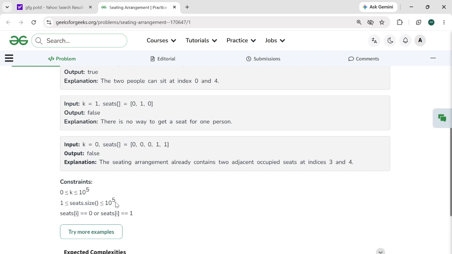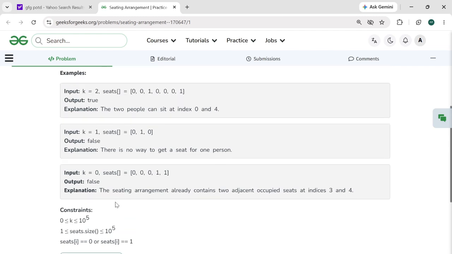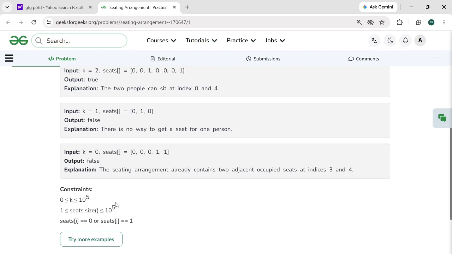So by looking at the constraints we are sure that we need to design a solution that works in O(n) or O(n log n) time complexity. You could never think about a solution that works in n square, otherwise it would lead to TLE. So now we have a pretty good look at the constraints.